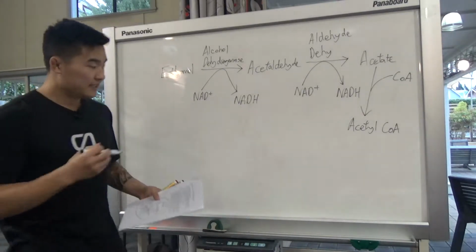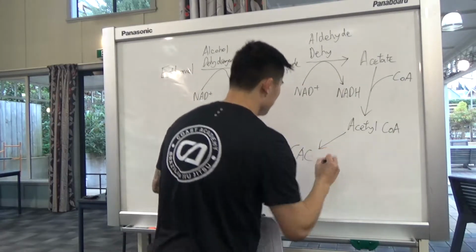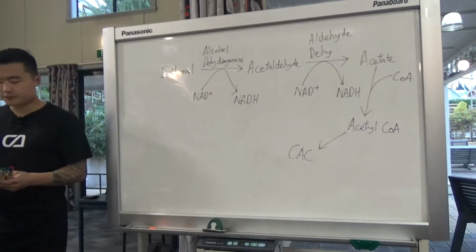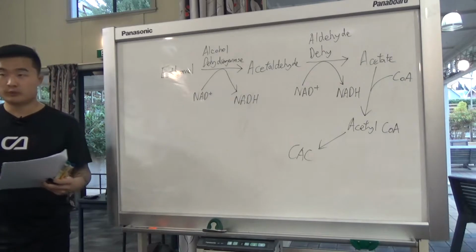And this acetyl-CoA will enter the citric acid cycle, and that will result in the production of more NADH.